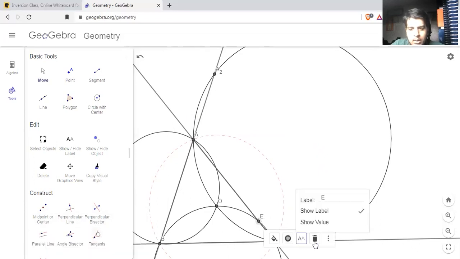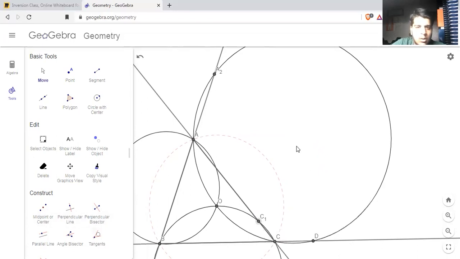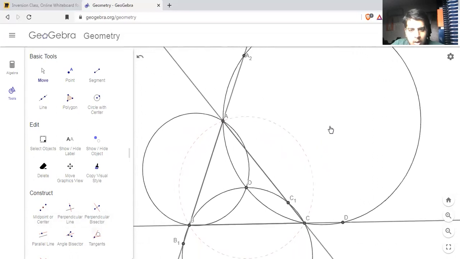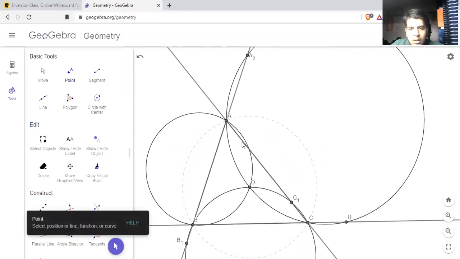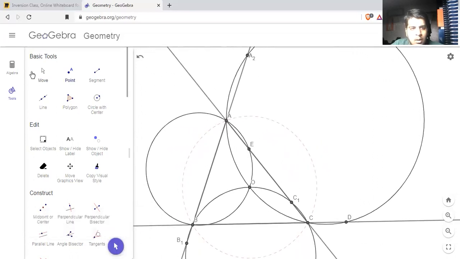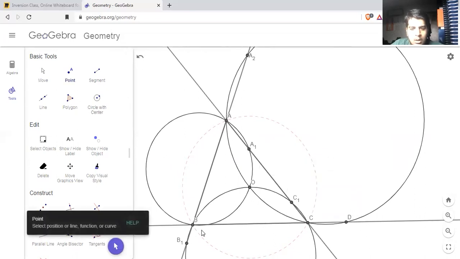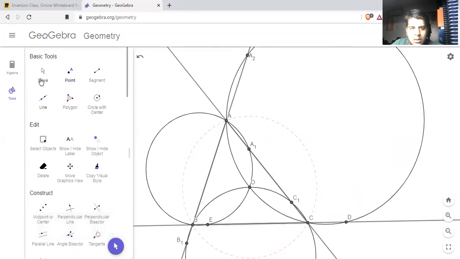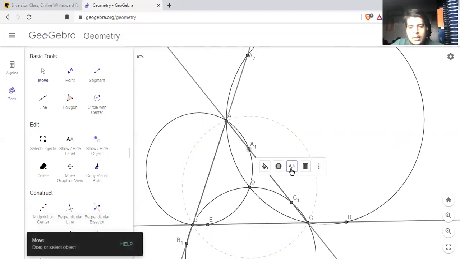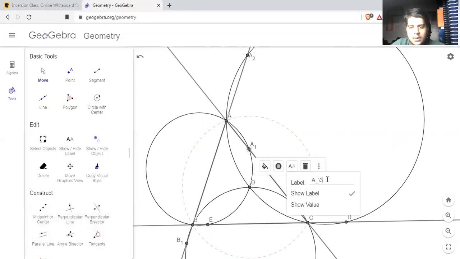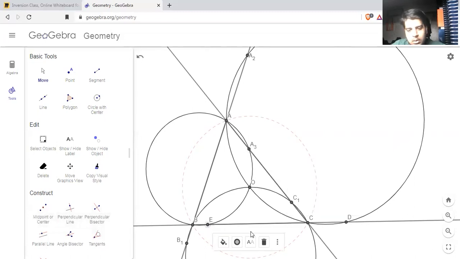This is C1. This is A1. And this is A3. Ah, the numbers are confusing. And this is B3.